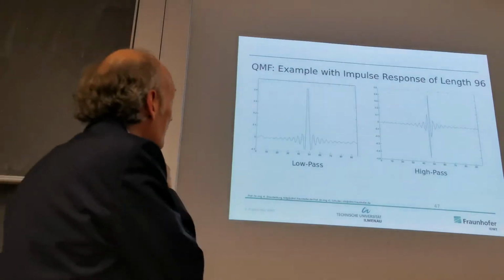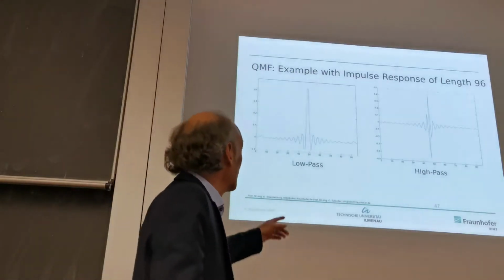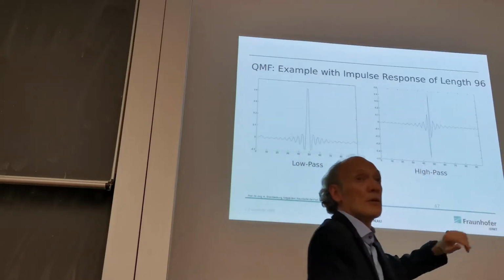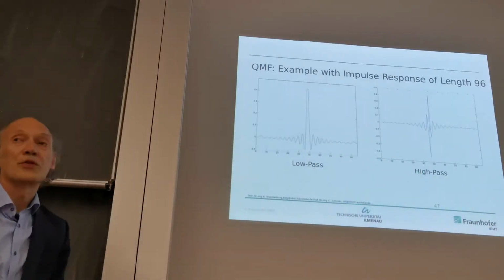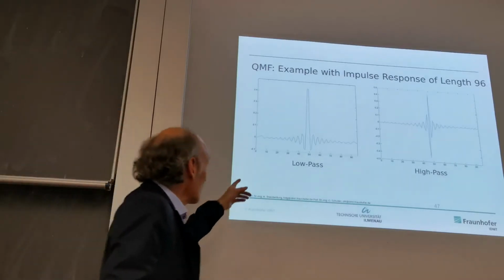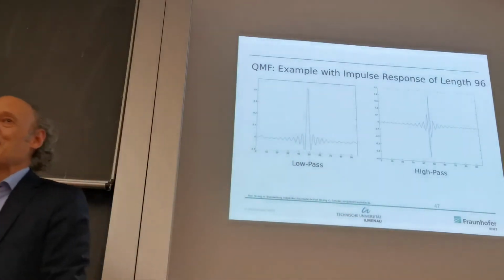Yeah, and here's an example of the QMF with an impulse response of length 96. This is the low pass impulse response, and this is the high pass. And you can see for two-band filters, they are quite normal. Right? Remember, for the MDCT, we have a filter length of 2N, right? Twice the number of subbands. On low delay filter bank, we had 4N or 6N. So here we have 96 taps. So how many N is that for N equals 2?